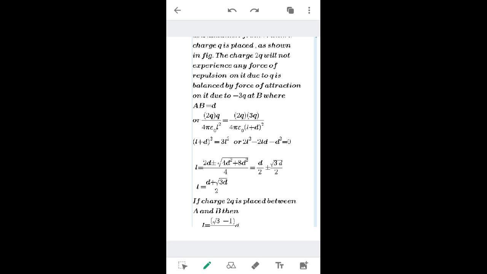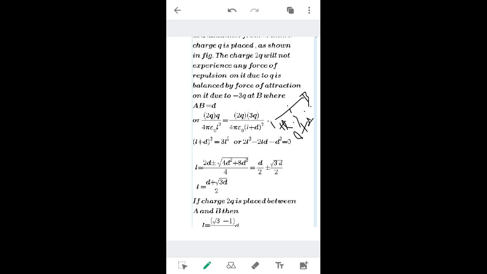So the distance between P and B is what? From A to P it is L, and A to B it is D. So we will add these two, and we get L plus D. Hence I have taken here L plus D whole square.